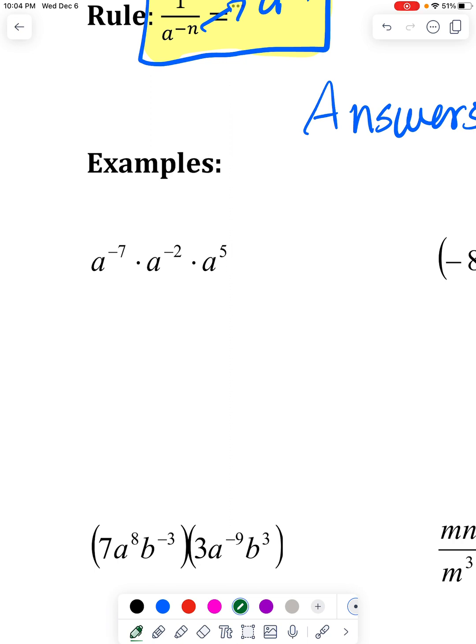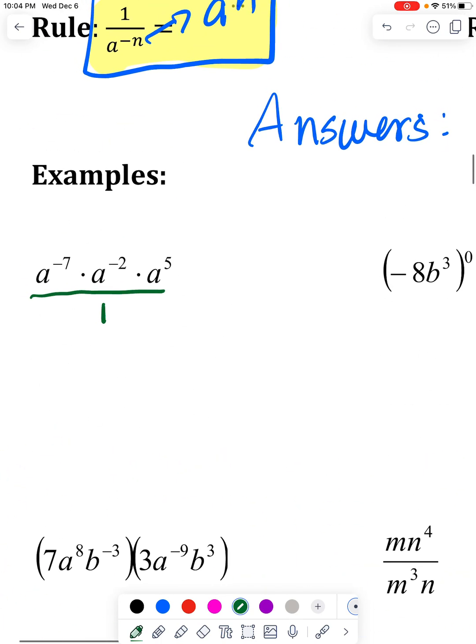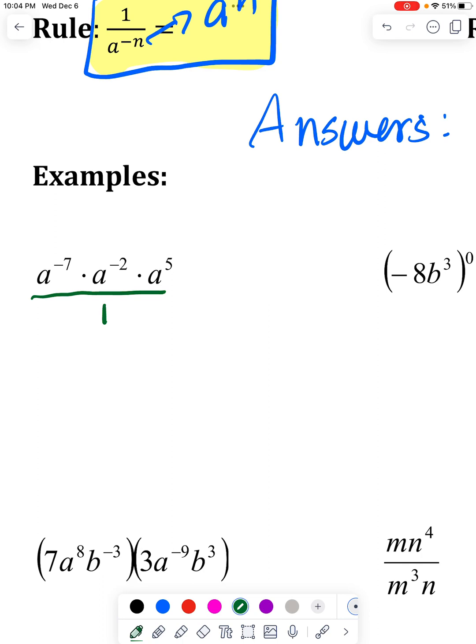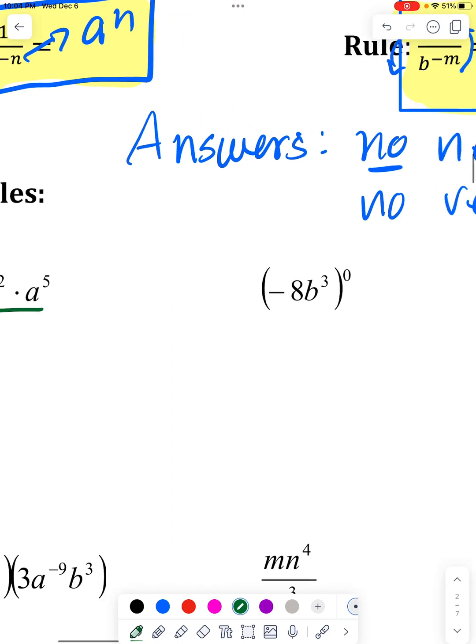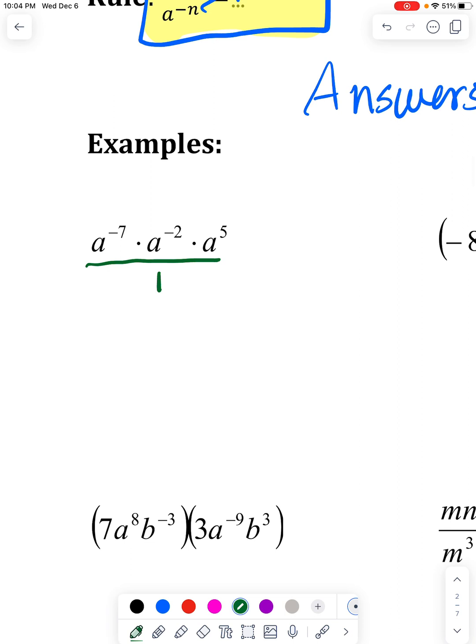So currently, this isn't over anything, so it's all over 1. I'm going to follow my own advice. There's no parentheses, so I'm not going to do that step, but I am going to move negative powers. So anything negative has to switch power. So the -7 power and the -2 power will have to move, but the +5 won't because it doesn't have a negative power.